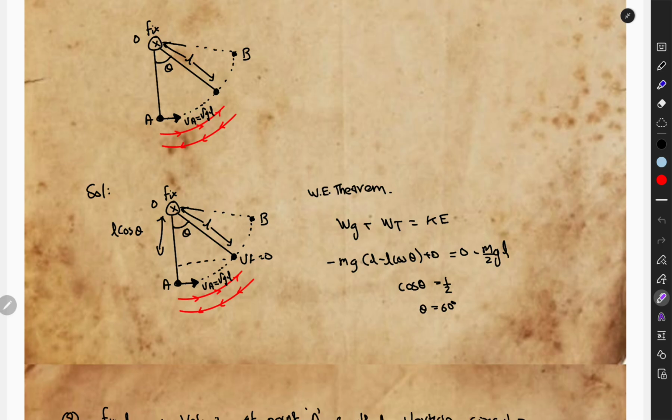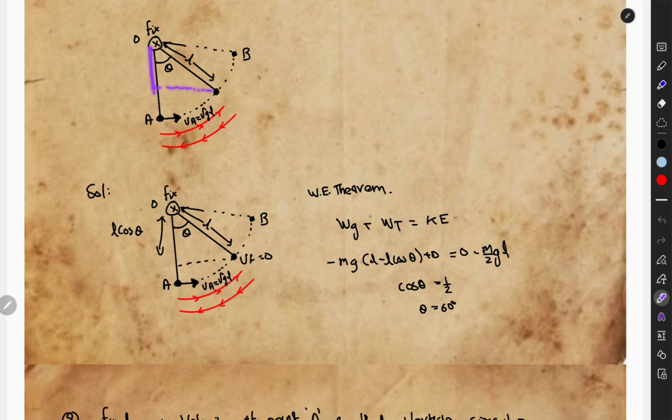So the initial velocity is given, which is the velocity at point A is equal to root gl. Okay, and we also know that this length is l, which means this is l cos theta.